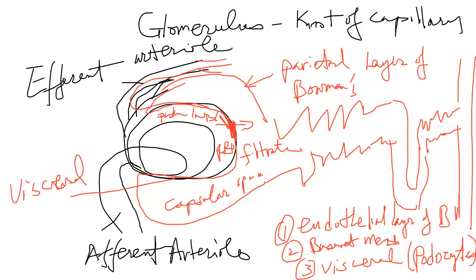Here, Bowman's capsule, proximal convoluted tubule, which I can also now use PCT for proximal convoluted tubule, loop of Henle, and DCT for distal convoluted tubule.